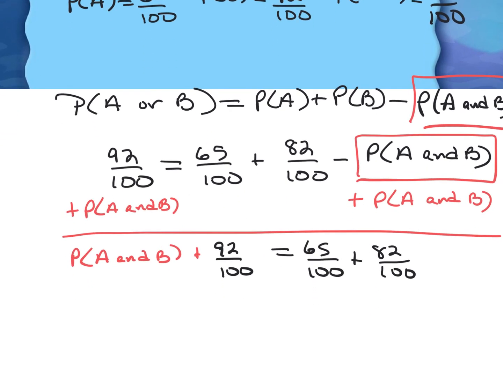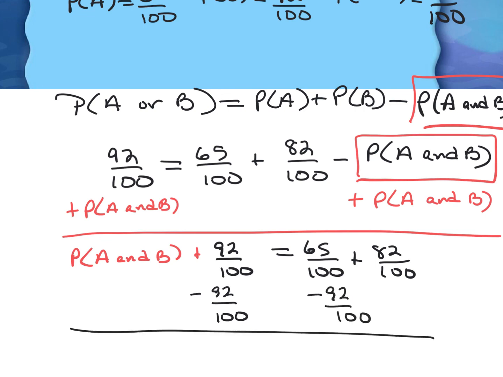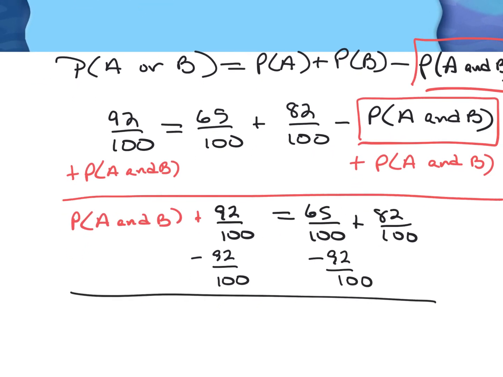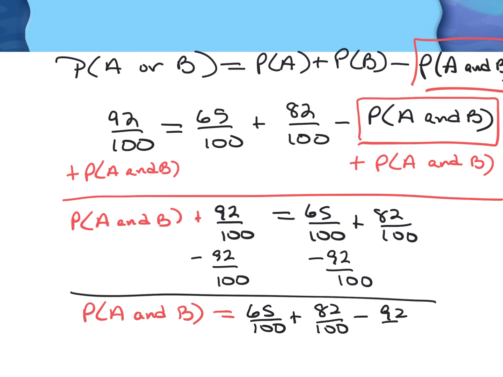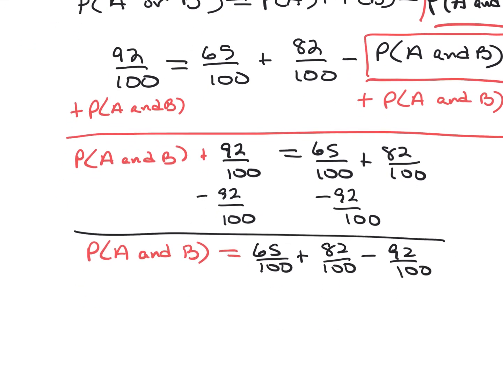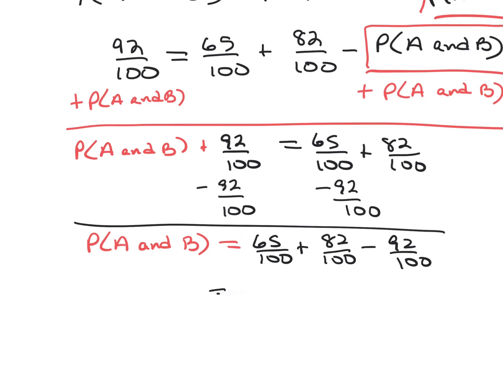I can add these two together, or I could just move this over and do it all at once. So the probability of a student owning a car and a computer is found by doing 65 over 100 plus 82 over 100 minus 92 over 100. And that total is going to be 55 over 100.